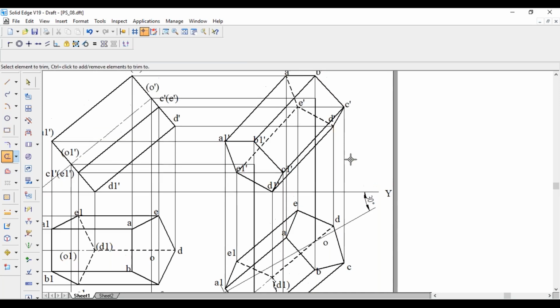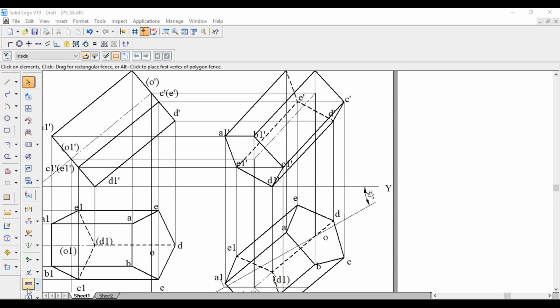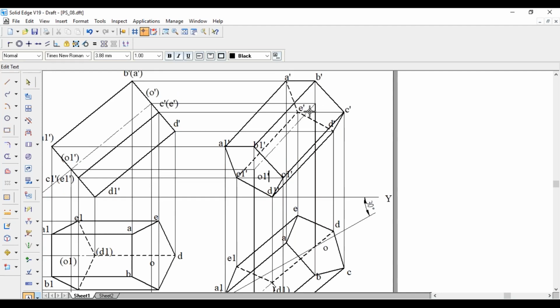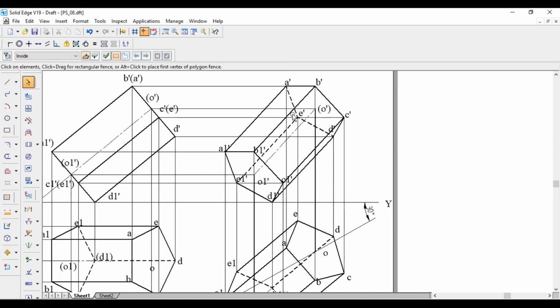As it is not coinciding with anything, join the axis with a chain line. As the bottom face is visible, O1 dash is without the bracket. As the top face is partially visible, O dash is in the bracket. And E dash, it consists of three dotted lines, so E dash should be in the bracket.